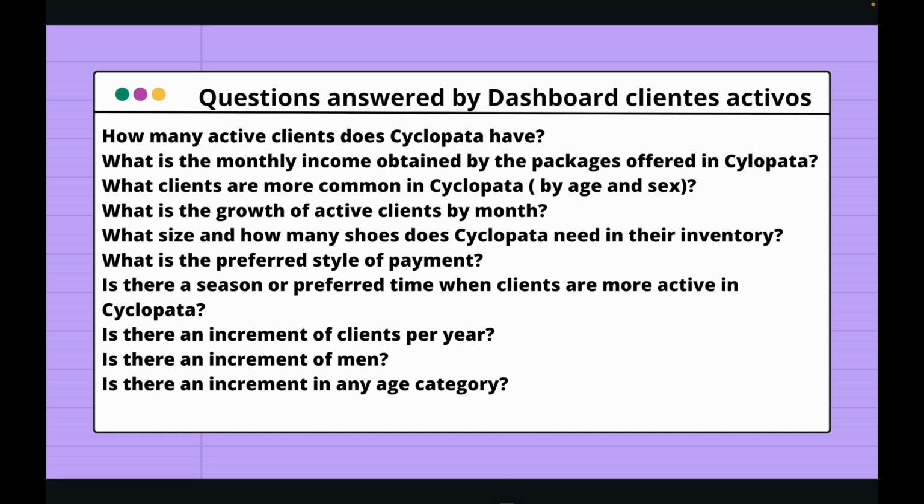You could see how many shoes they need for the inventory, the preferred style of payment, whether there was seasonality, that there was an increment of clients per year, even an increment of men per year, and an increment in the categories. For example, the category between 31 and 40 years old was not that big at the beginning of Cyclopata in 2018, but right now it is the second highest group.